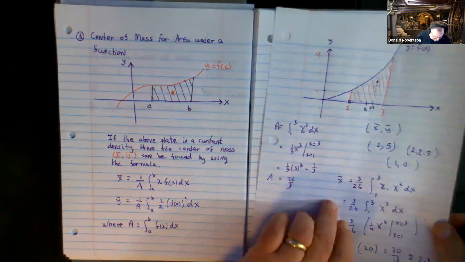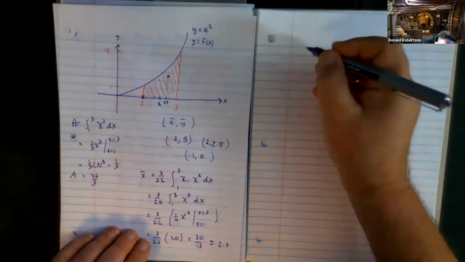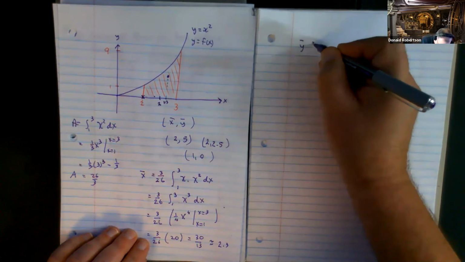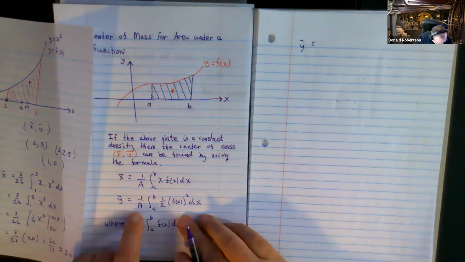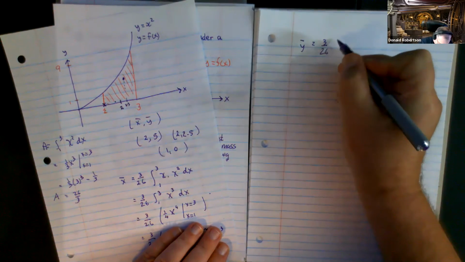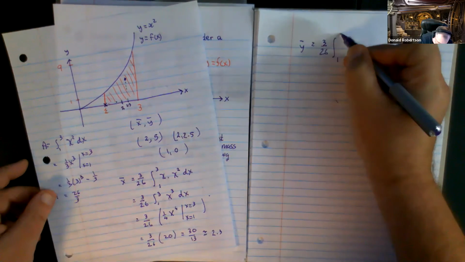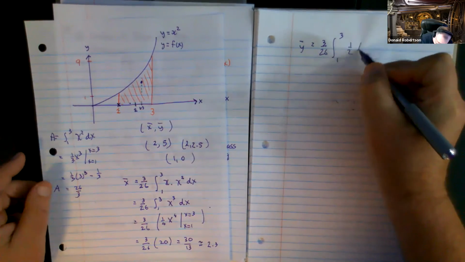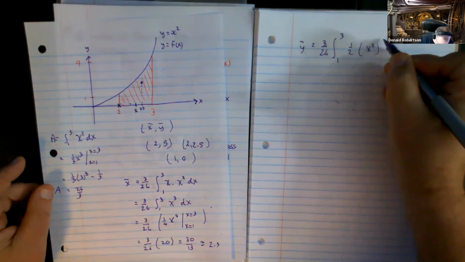Now that's X bar. If you want to get Y bar, it's 1 over A, which is 3 over 26, the integral from 1 to 3 of a half f of x squared.